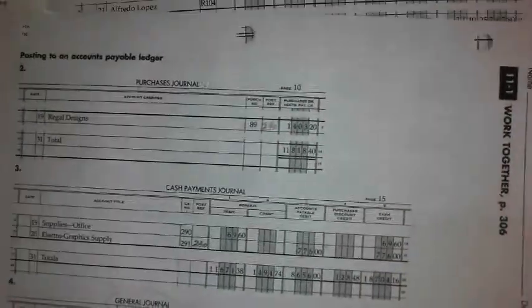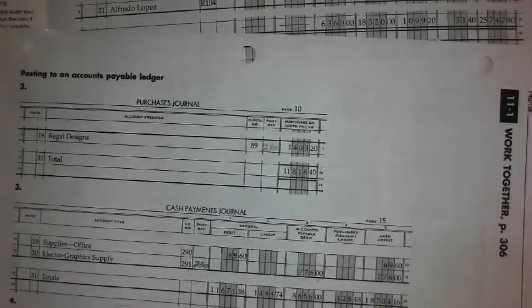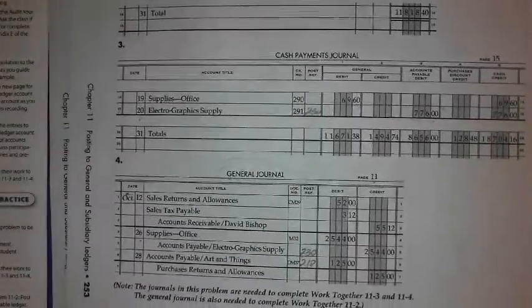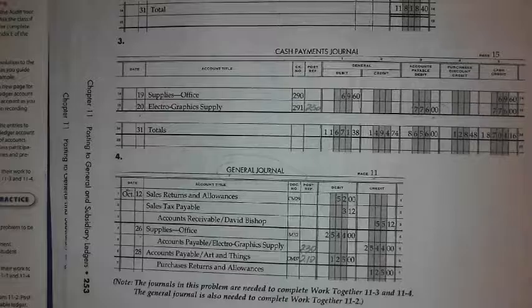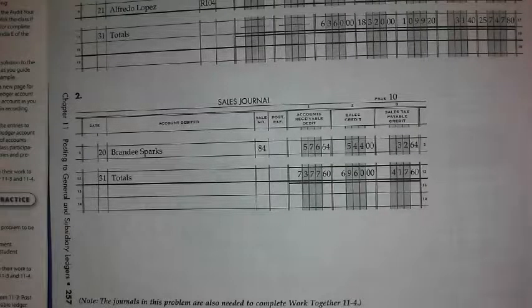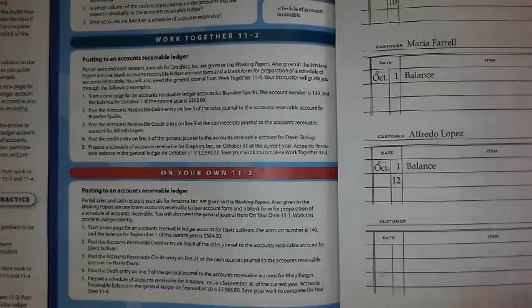So you're going to need this page from your 11-1 work together, because you're going to need a couple things off of here too that are going to go into section 2. So make sure you have this handy. So go back where we were.